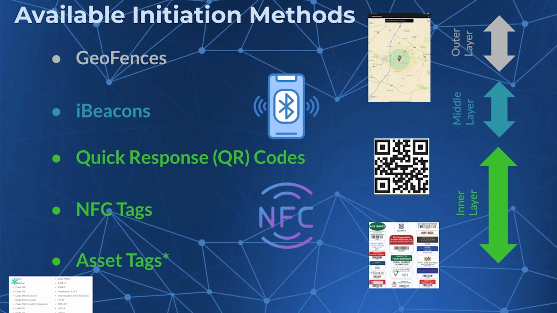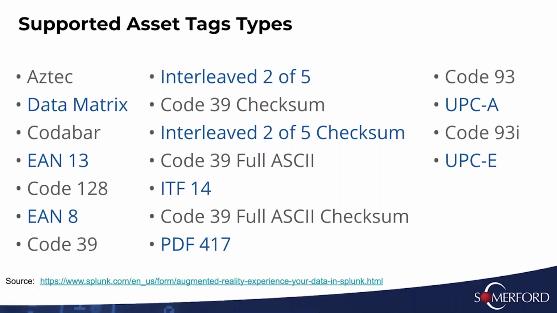So that's the way you initialize those, and we'll come into a little bit more detail of how that actually works very shortly. So this is the supported asset tag types. This is not a test. I'm not asking you to remember all this. If you look at the link below, it'll give you access to a useful guide which includes all this. So if you have this type of asset tags within your business, then you are already supported with that capability within Splunk AR.